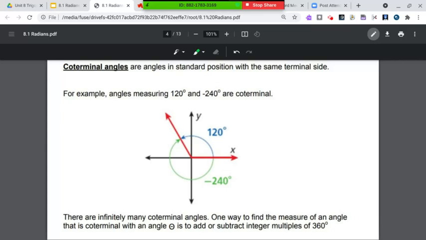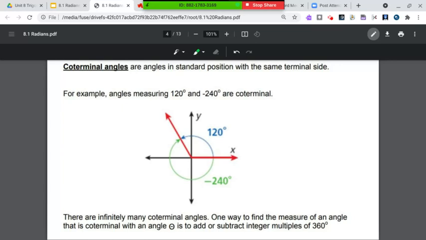The concept of coterminal: even if you put your pointer finger in the air and start drawing a circle, you can just keep going, right? We understand that the circle can keep going and going.